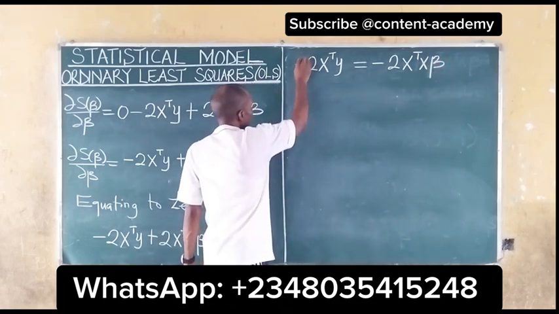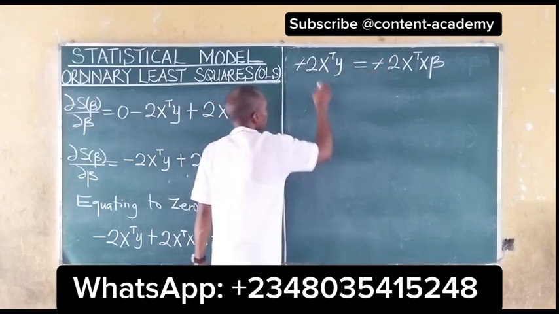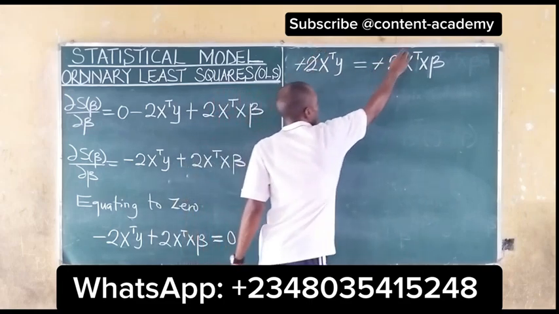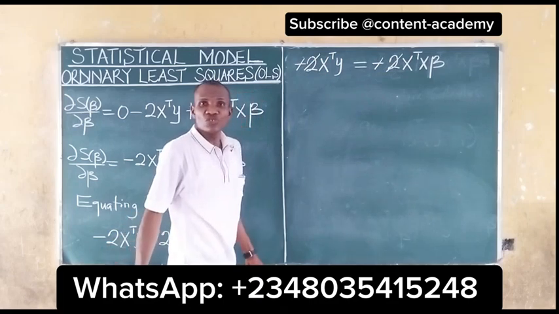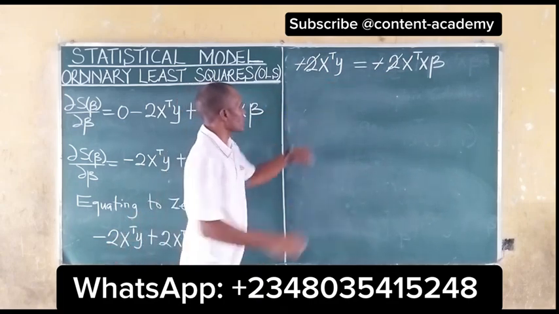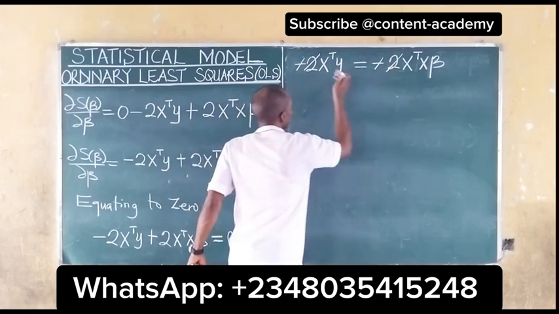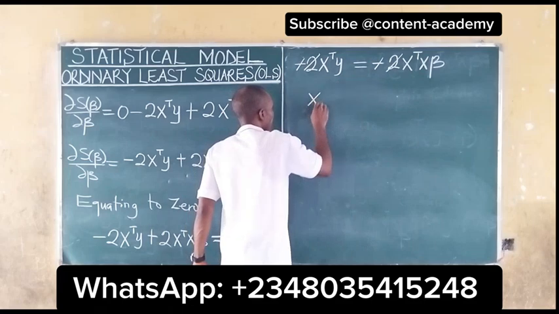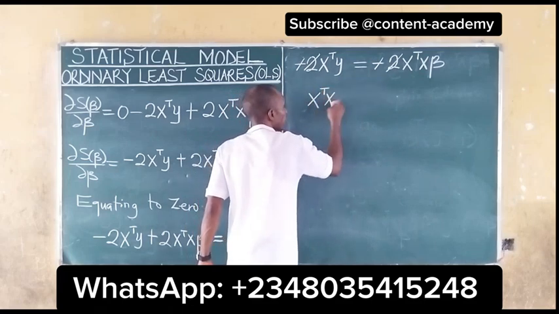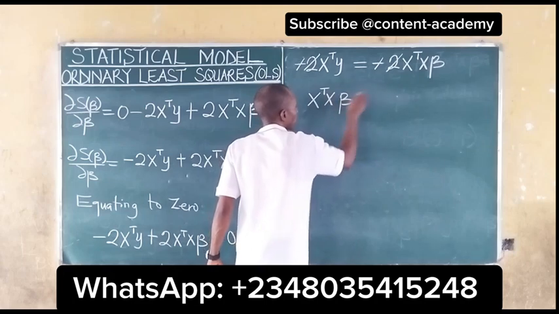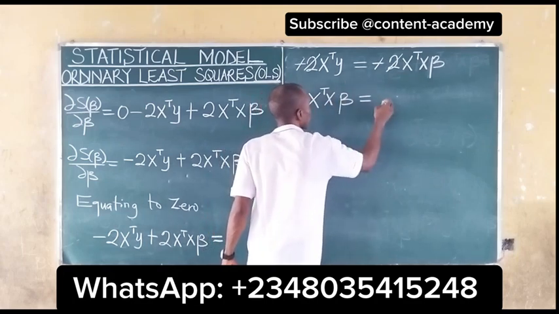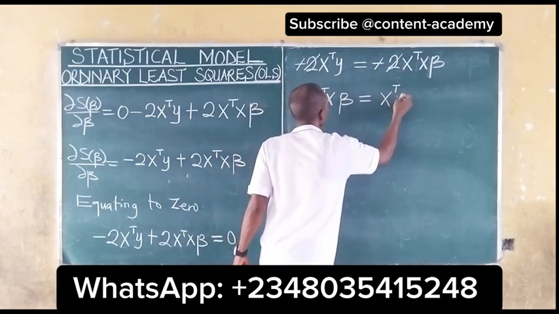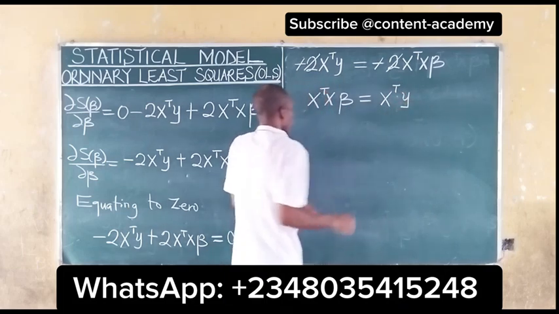Of course, this sign can cancel this sign, and 2 here can cancel 2. So we'll be left with this. We can now rewrite this properly. So we can write it as x transpose x b is equal to x transpose y.